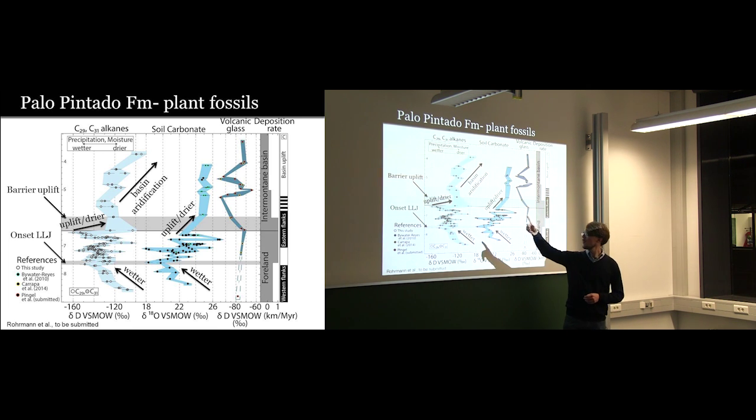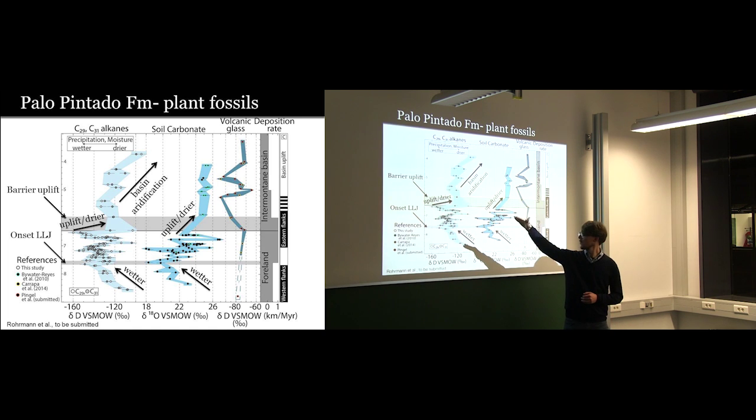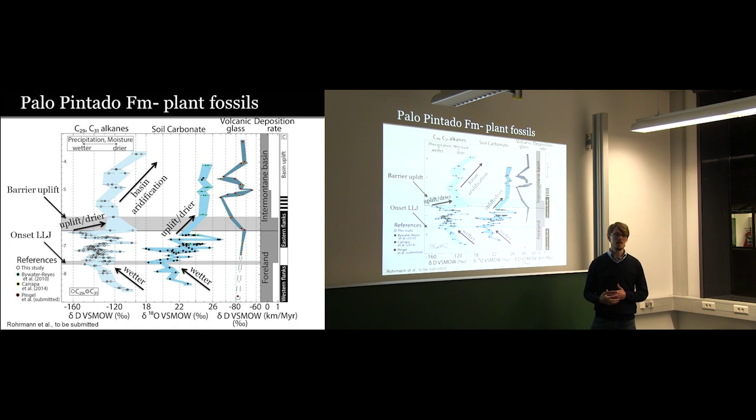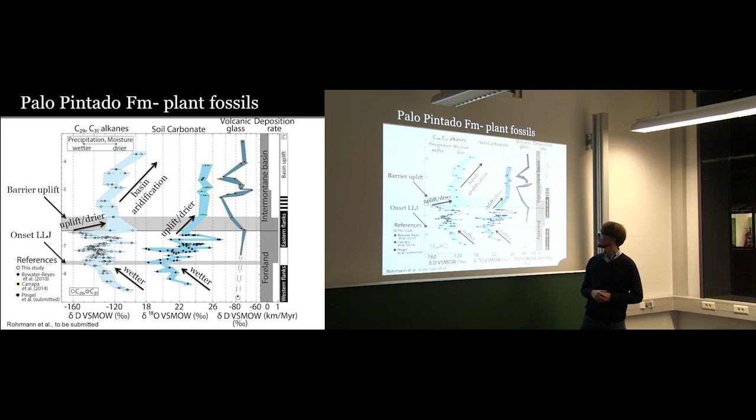This is the first time we see this low-level jet being active, because the section below here is very arid. It doesn't contain any fossils, it doesn't contain any plants, and it's interpreted to be very arid. This is really the first time where we see a lot of moisture coming into the area. This is also the time when we see all this vegetation developing and the alligator fossils occurring in the section, showing you that we now have a very wet climate.